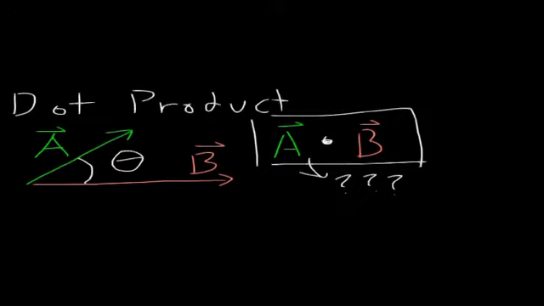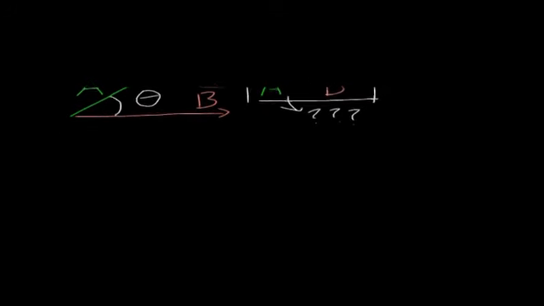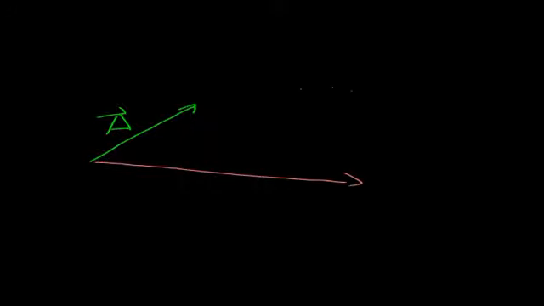Let's visualize it even further. So we've got vector A here, and vector B here, and the angle between them, theta.